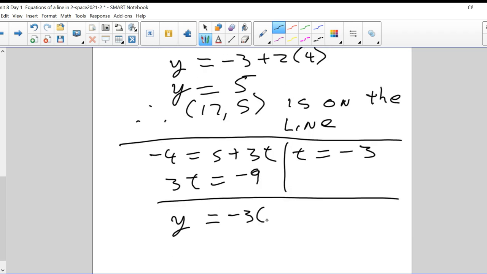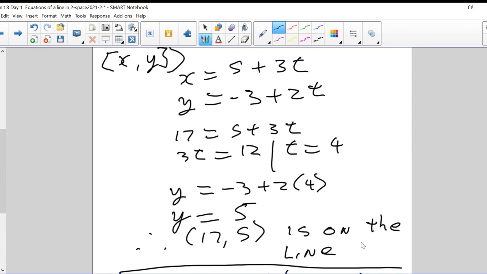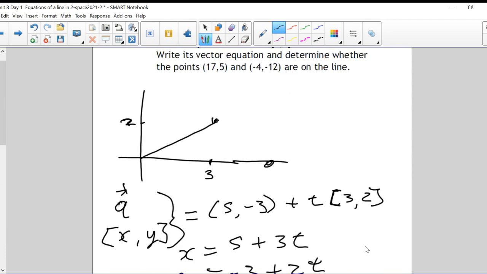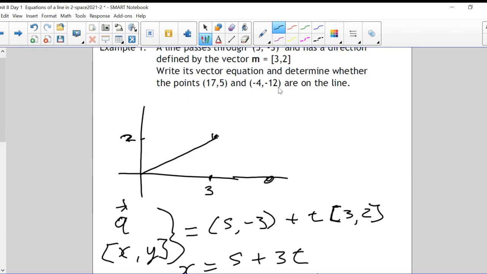So minus 3 plus 2 times minus 3, which of course is minus 3 minus 6, which is equal to minus 9. If this point was on the line, then my x value, which was minus 4, should have given me minus 9, but it doesn't.